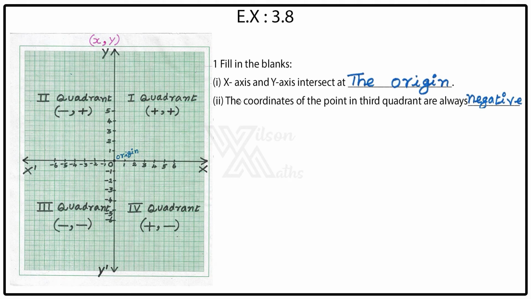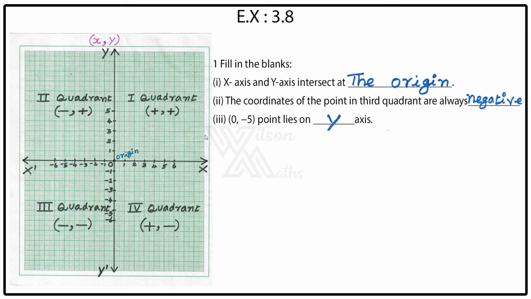Second, the coordinates of the points in the third quadrant are always, see here, this is the first quadrant, second quadrant, third quadrant. In the third quadrant always, here x-axis negative value, here y-axis negative value. When you write first x then y, the coordinates of the points in the third quadrant are always negative.